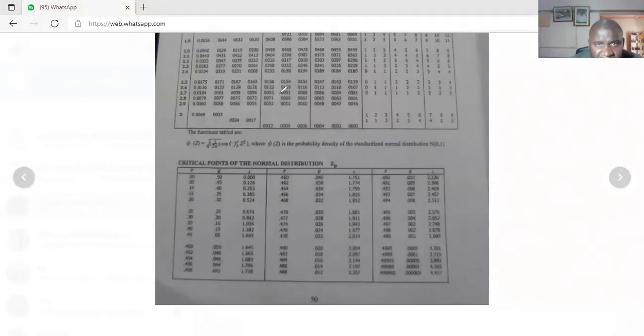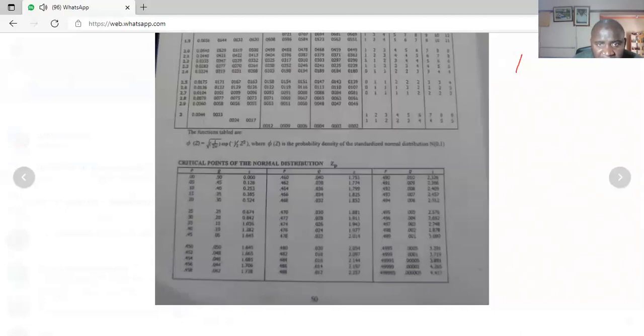If we can all see this page, then this is what is happening. When you come to this page, this is easier. You look for 0.48. 0.48 is way here.